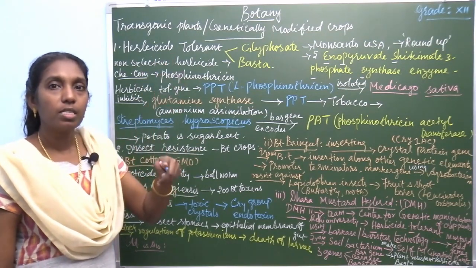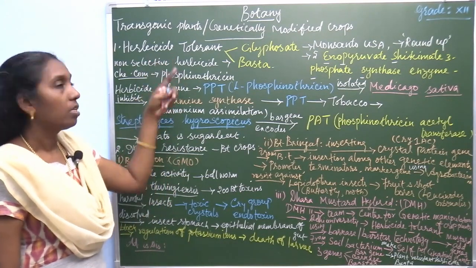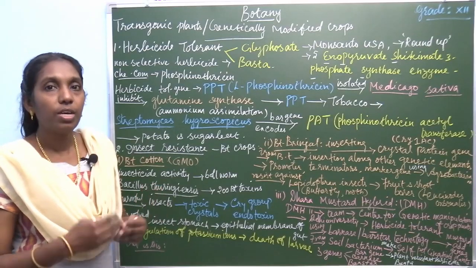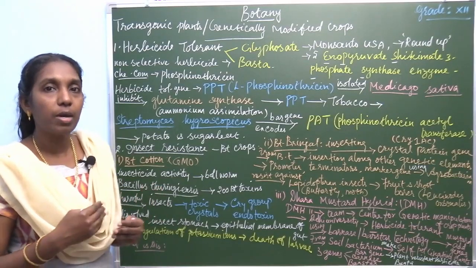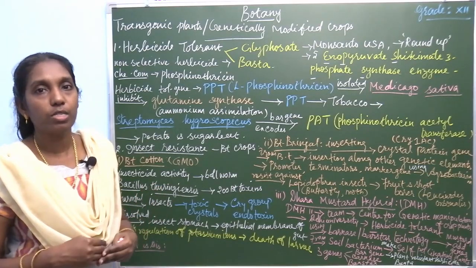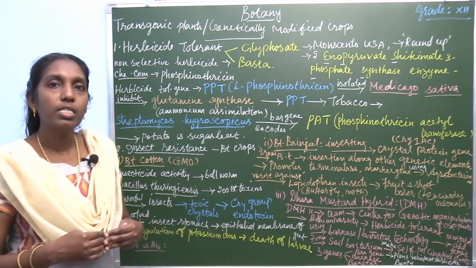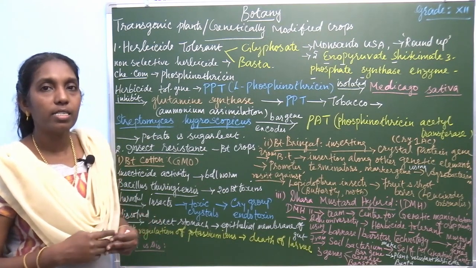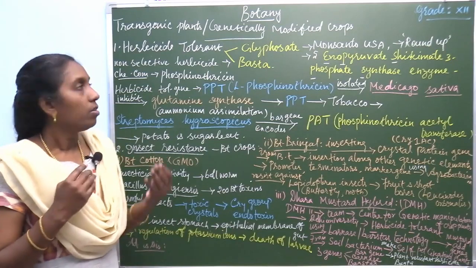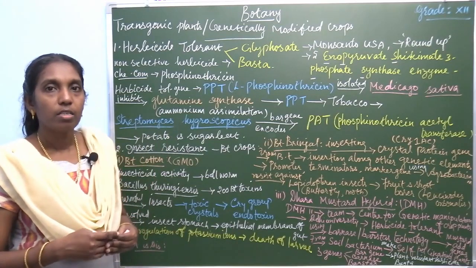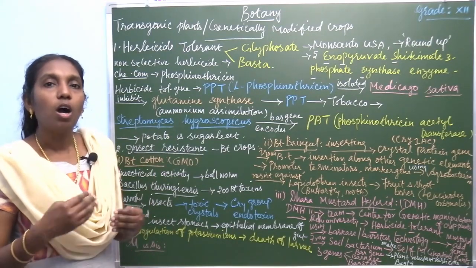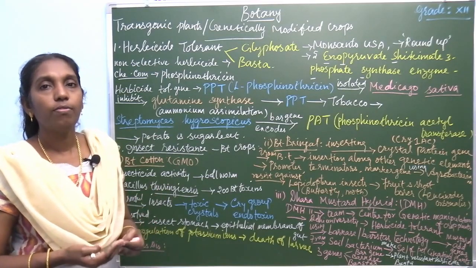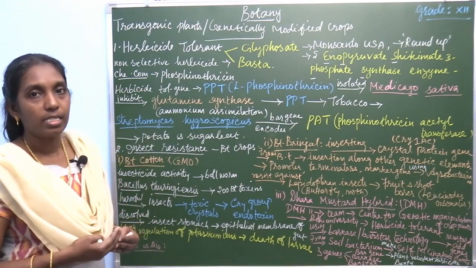These weeds are creating the main problem of reducing the crop yield. These weeds compete not only for sunlight, but also for food or nutrients and water, and they are also carriers of disease and insects.